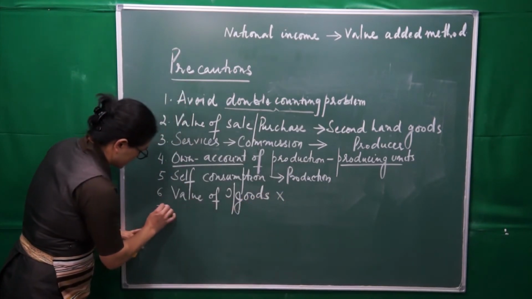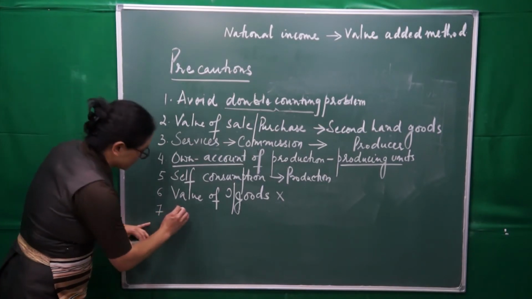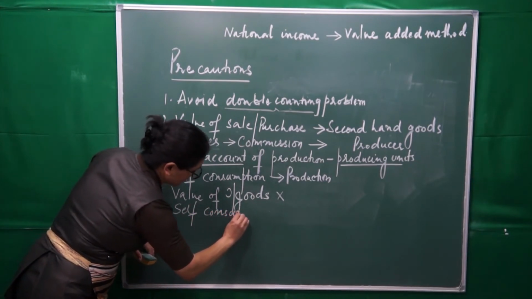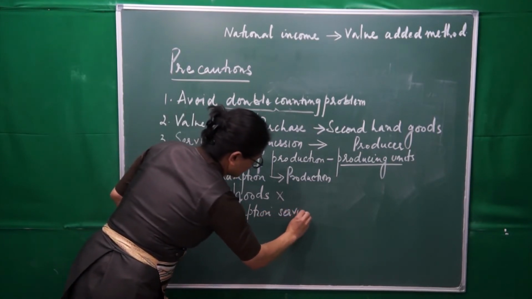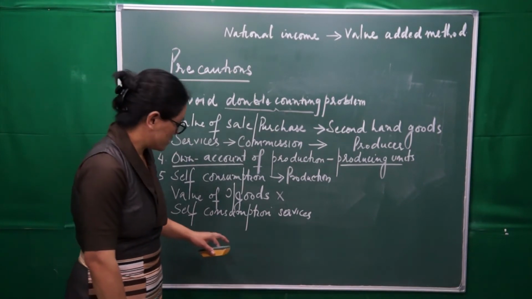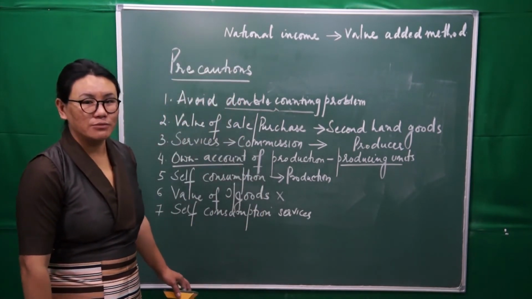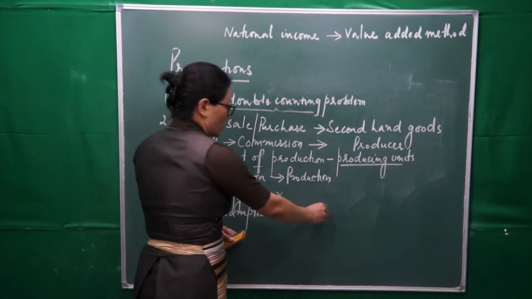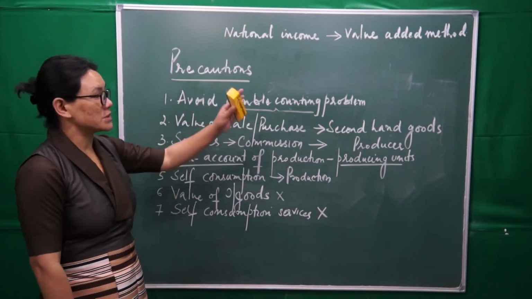Then comes the seventh one, self-consumption services. Some services are self-consumed services. I'll give you one example. This one is also not taken into consideration while estimating national income using value added method.